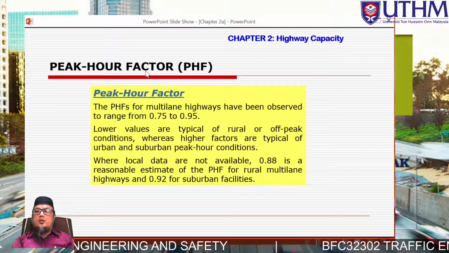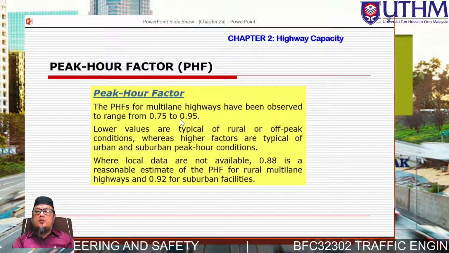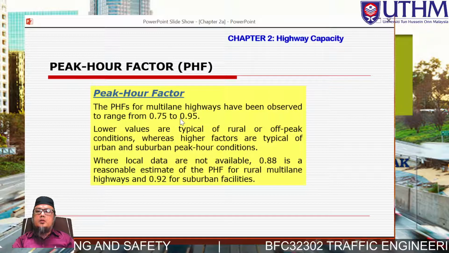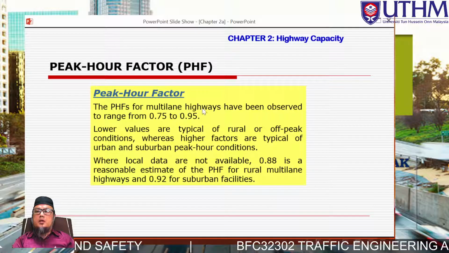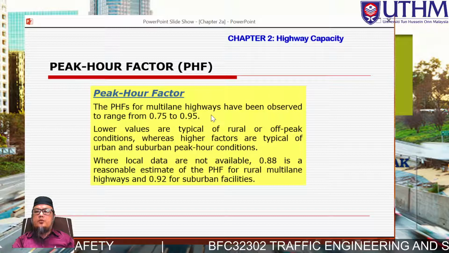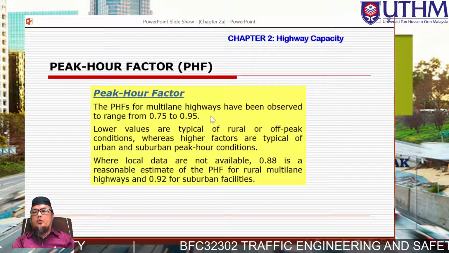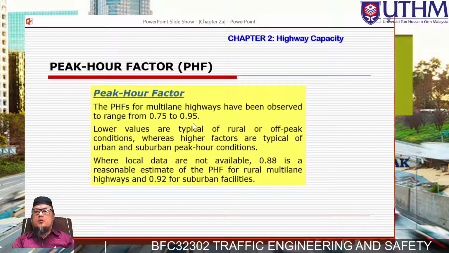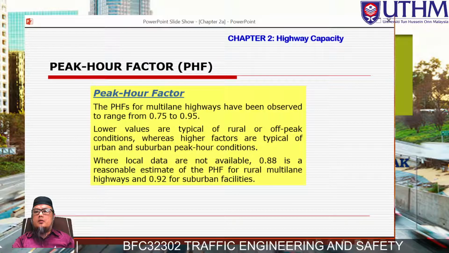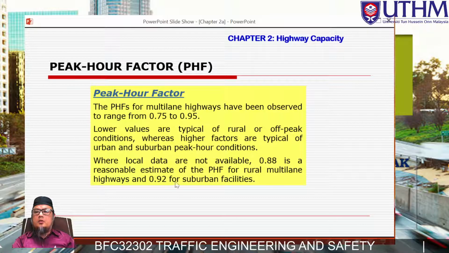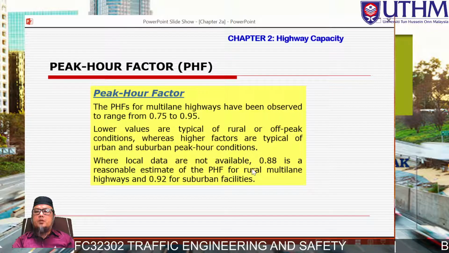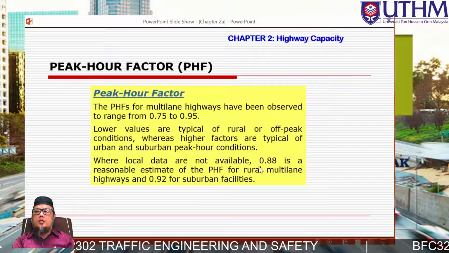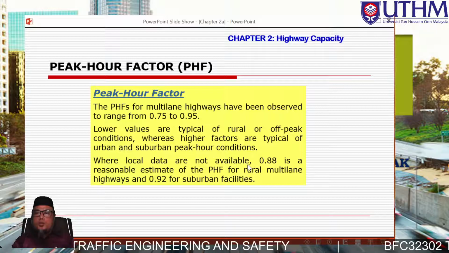Looking at the peak hour factor, it is the relationship of the highest flow compared to the total traffic volume. Typically for rural and urban areas, they recommend this value.